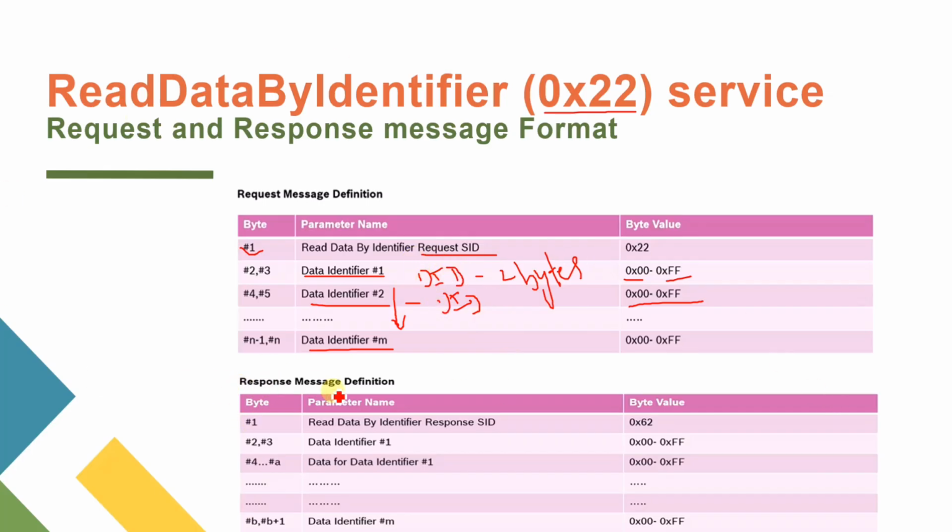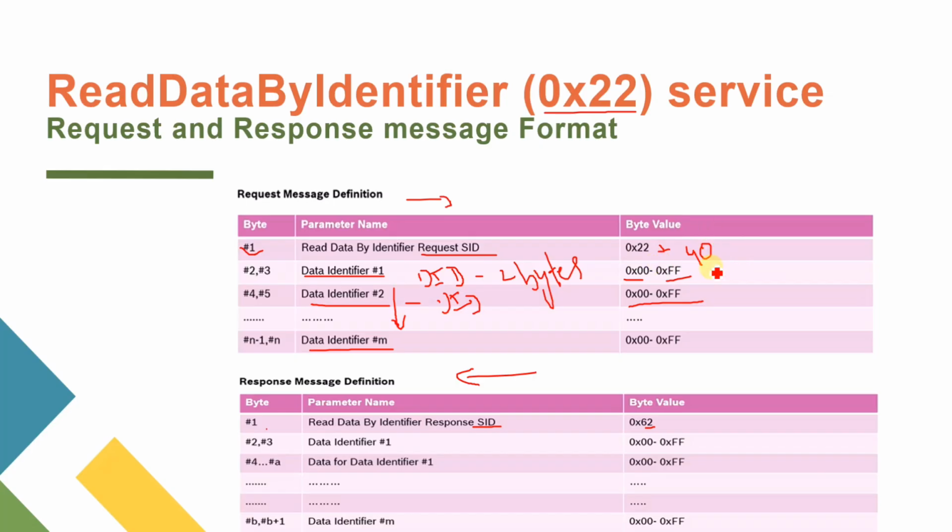And next is the positive response message: how the response behavior and message format will be from the server. We are receiving the response here. The first byte will be, as usual, the SID, that is 62. So 22 is there, and you will always get plus 40 added. That is 62. Whatever service you take, last time we discussed service 10 in the last lectures.